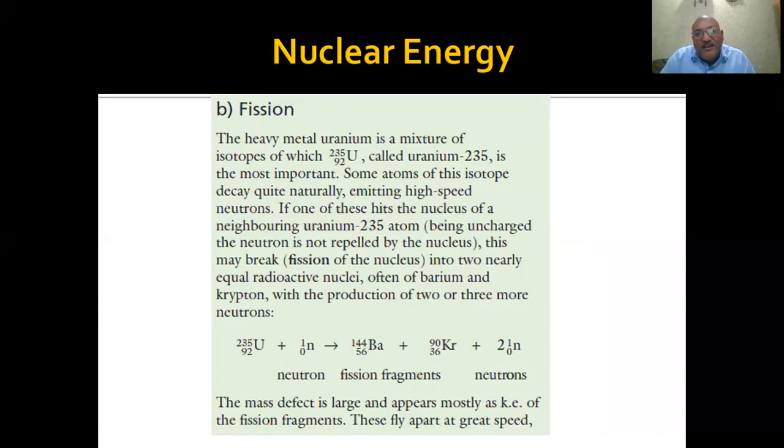And so it's a very dangerous reaction. The mass defect is large and appears mostly as kinetic energy of the fission fragments. These fly apart at greater speed.